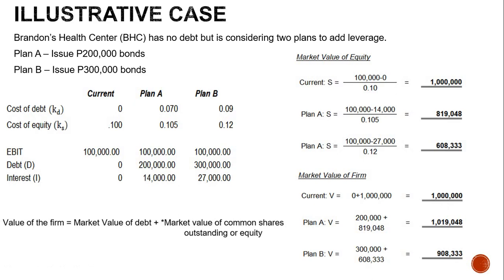At 200,000 of debt, the market value became 1,019,048. But as debt financing became excessive, at 300,000, the market value of the firm decreased to 908,333. So this is a proof of the traditional approach to capital structure.